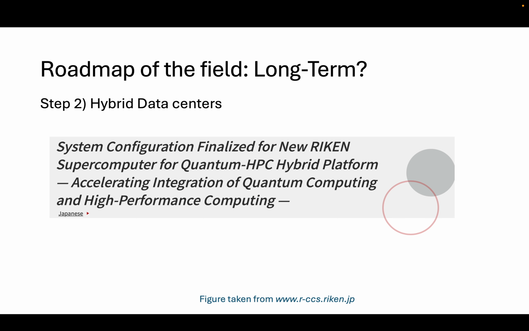Now, a more long-term view after quantum data centers is what I consider to be the final goal of quantum computing, which is hybrid data centers. So data centers where you have both classical and quantum compute collaborating with each other, when you have some level of offloading of computations to quantum devices, because we know they're optimized for that.